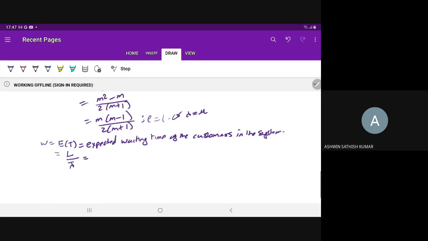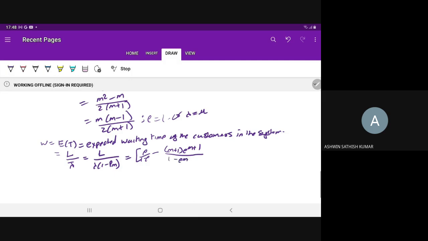So L we have computed as rho upon 1 minus rho minus m plus 1 into rho to power m plus 1 upon 1 minus rho to power m plus 1.